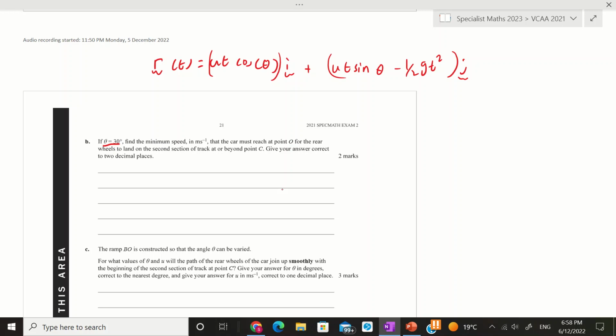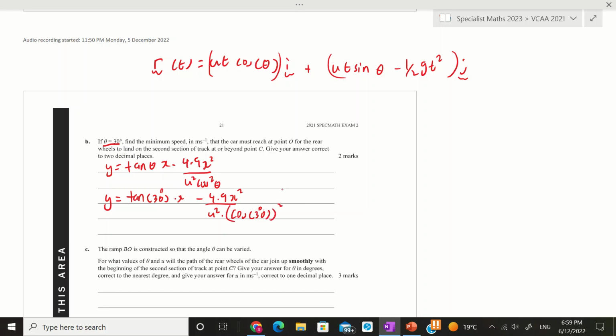So what do we have? We have y is equal to, so originally we had tan theta x minus 4.9 x squared on u squared cos squared theta, which is what we wanted to show in the first place. So now if we replace theta with 30 degrees, we're going to get y is equal to tan of 30 degrees times x minus 4.9 x squared on u squared cos of 30 degrees squared.